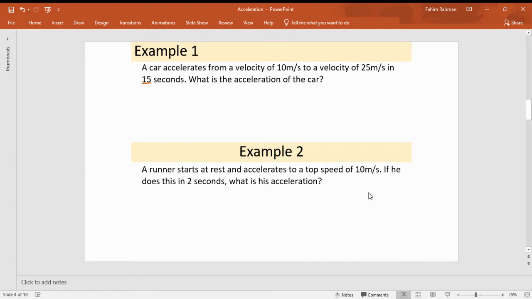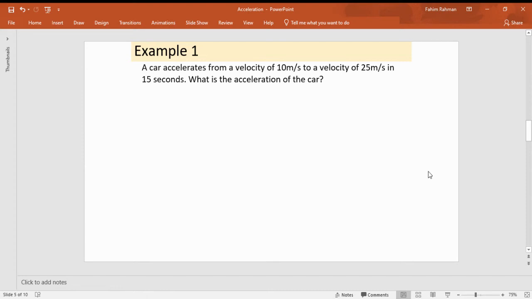So having a quick look at the example, in that first example, our acceleration is what we're trying to work out. Our initial velocity is 10. Our final velocity is 25. And then our time is 15.